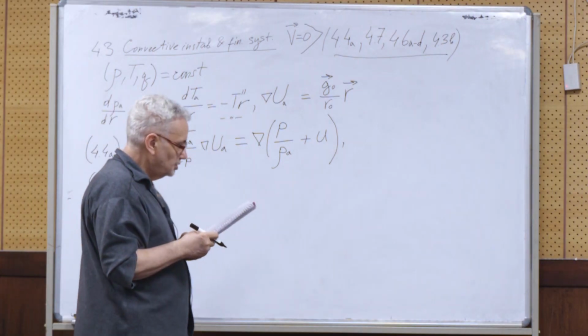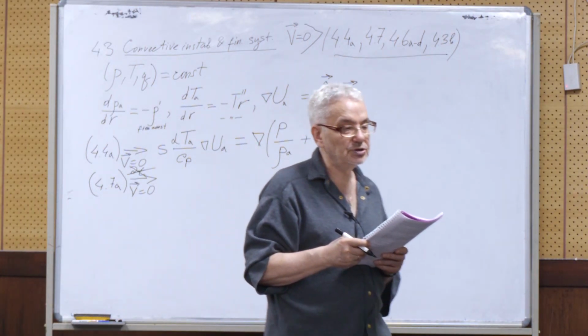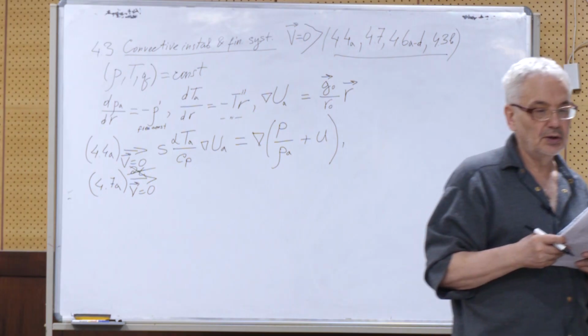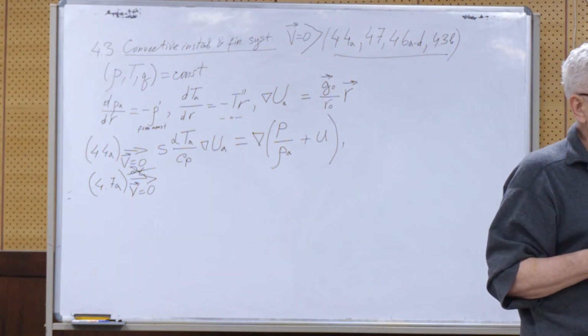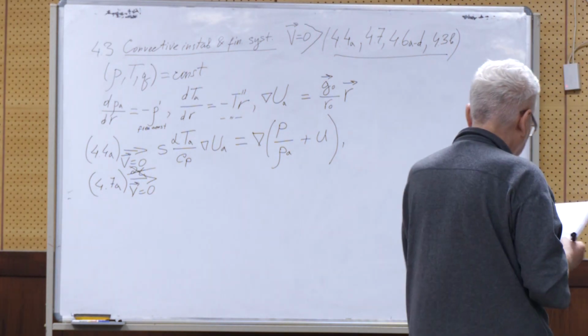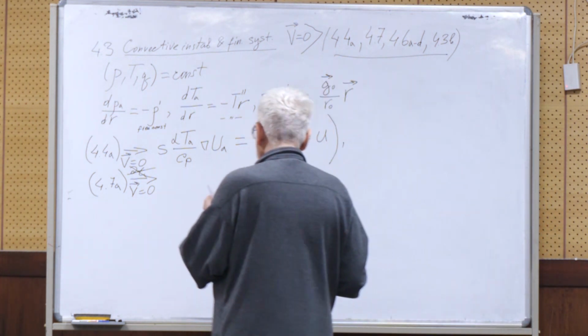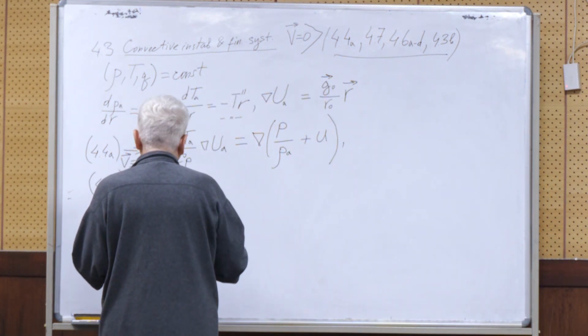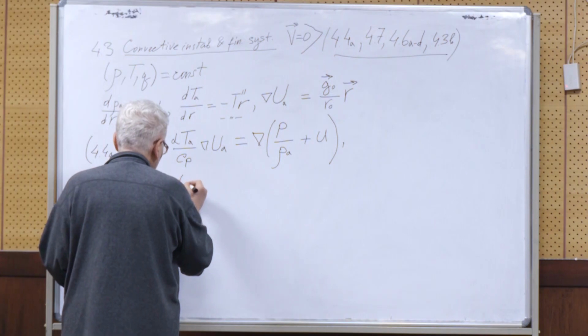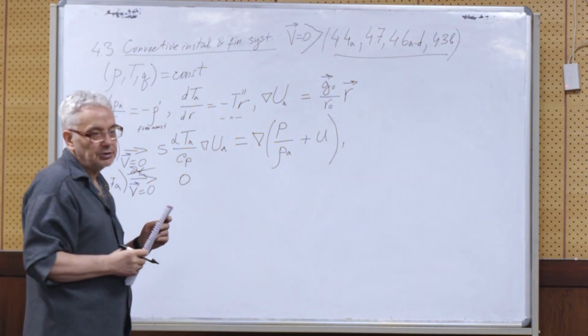So it's easy to see that all these things completely remove the substantial derivatives, and the only thing left from this equation is that, instead of the substantial derivative, we have not.